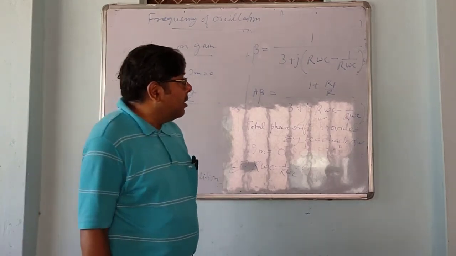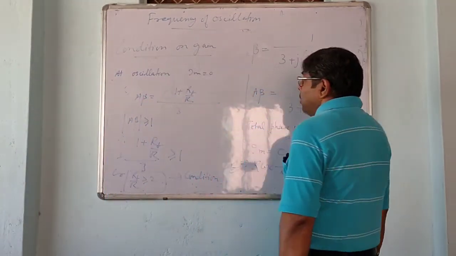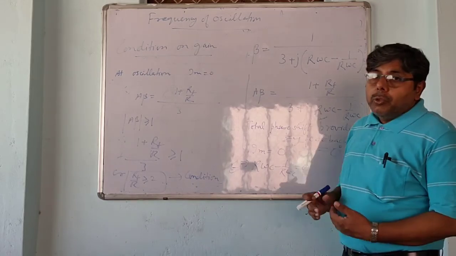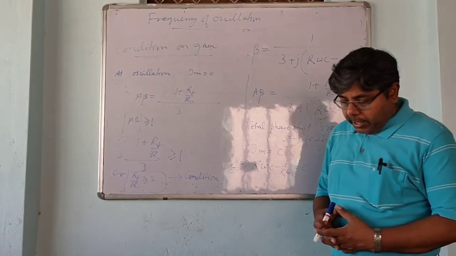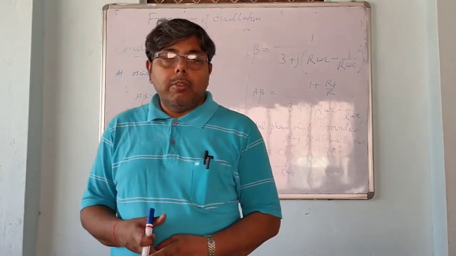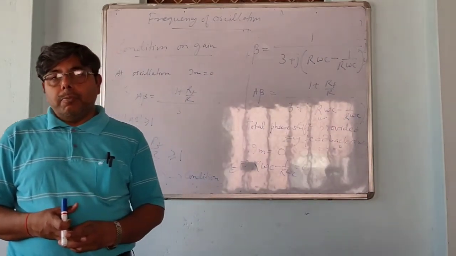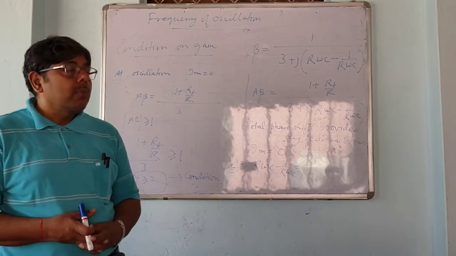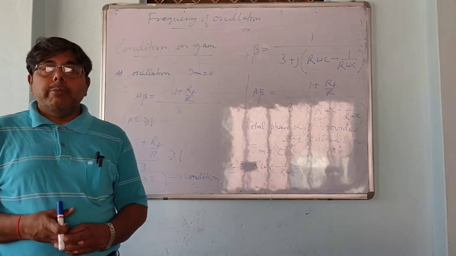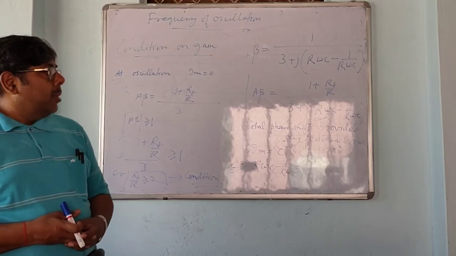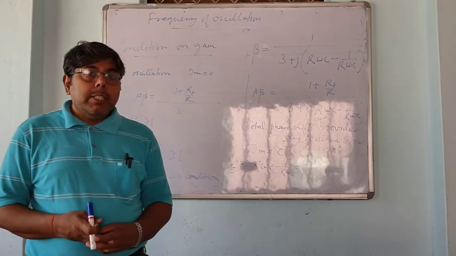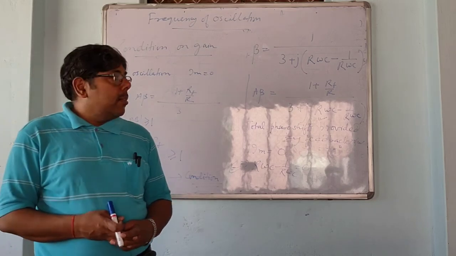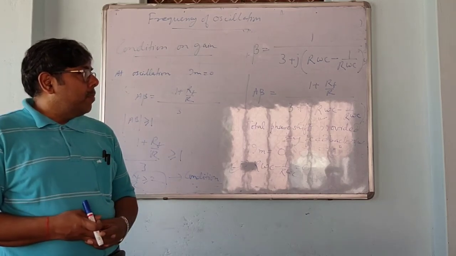And at balance condition, phase shift provided by this is 0. So since we are using operational amplifier and phase shift provided by operational amplifier is 0 because we are using non-inverting mode. So total phase shift provided by operational amplifier is 0. So feedback network must be such that phase shift provided by feedback network must be 0.